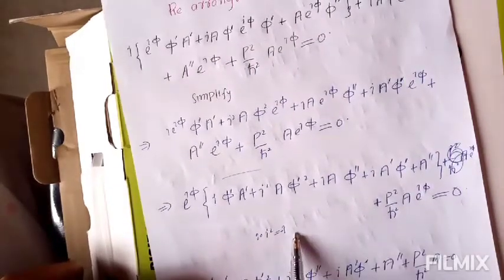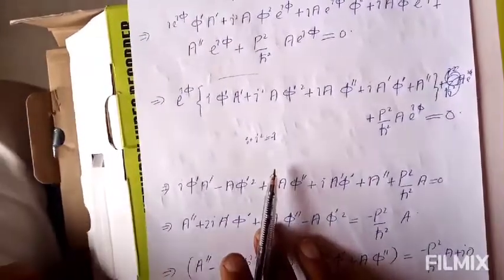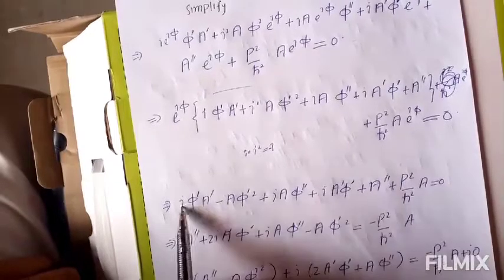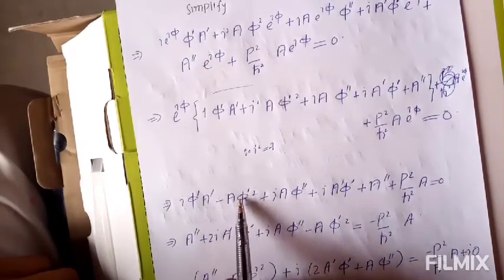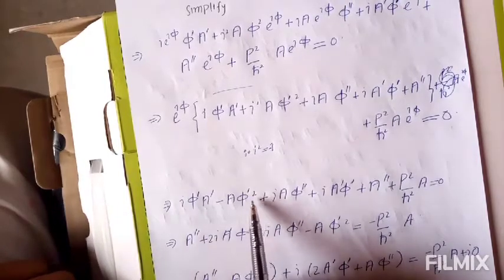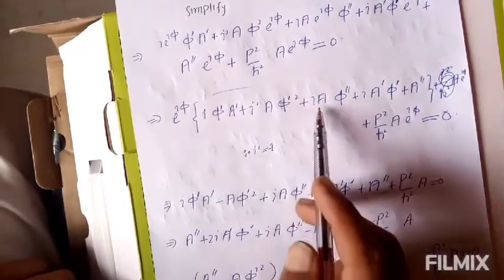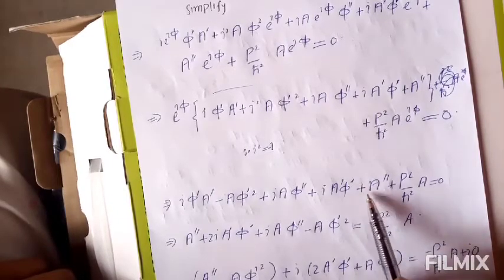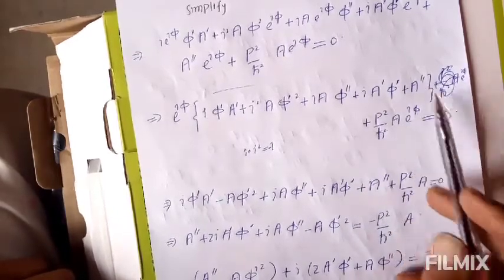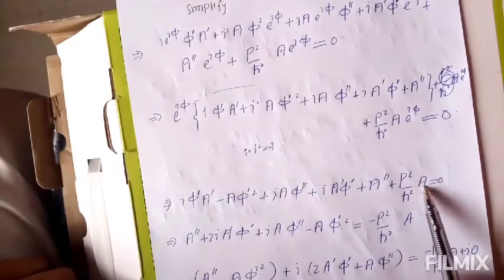As we know that iota square is equal to minus 1. Now by further solving, iota phi dash a dash minus a phi dash square plus iota a phi double dash, plus iota a dash phi dash plus a double dash, okay, and plus p square h cut square del by del x.